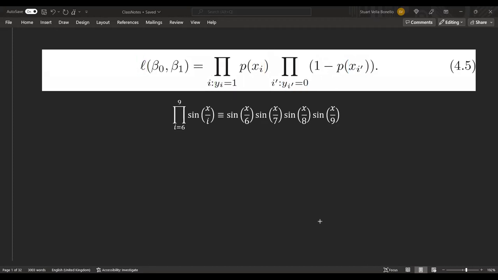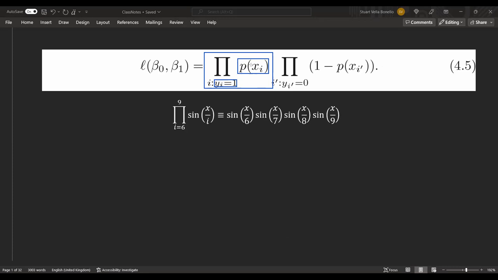So what we're saying is we're multiplying 10,000 probabilities over here. One probability for each observation, but only these defaulted. Yi equals 1, that's a default. So you're multiplying, I think it was 333 that defaulted.